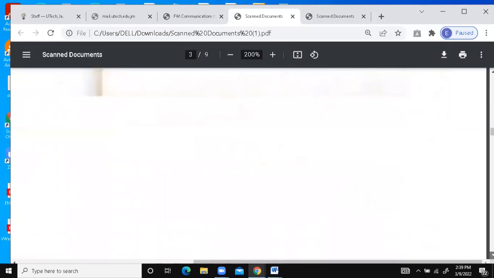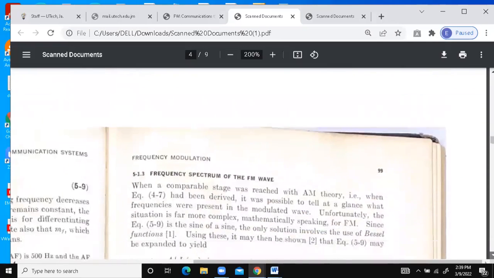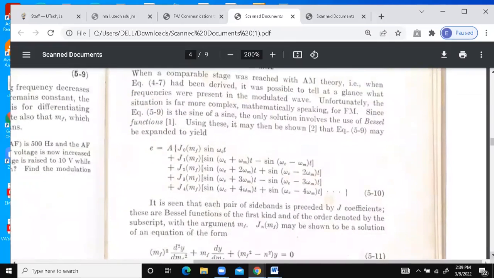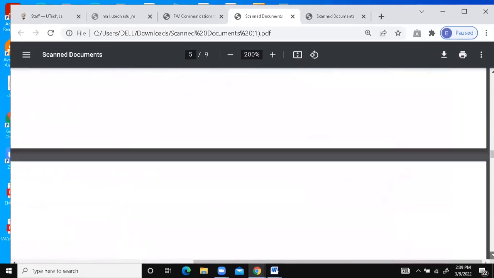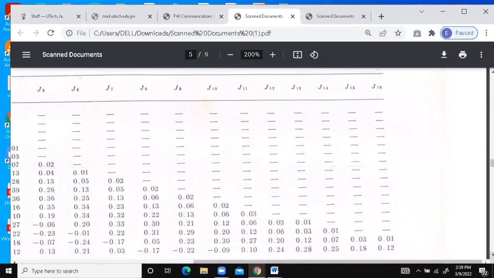Okay, what I'll do, I'll just send this to you for the other example, and how they get the frequency spectrum and the basic function table. Those are the simple kind of things that I will ask you next week.